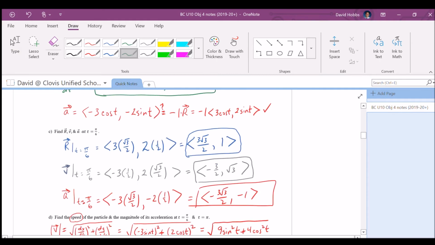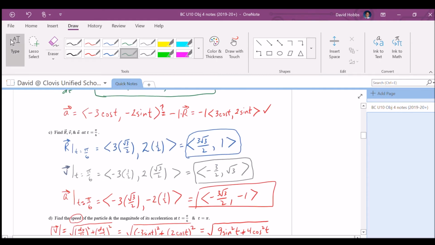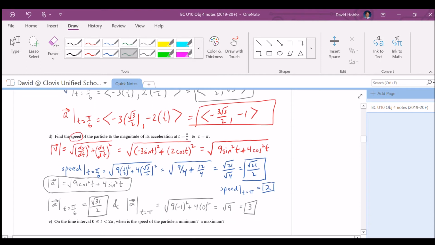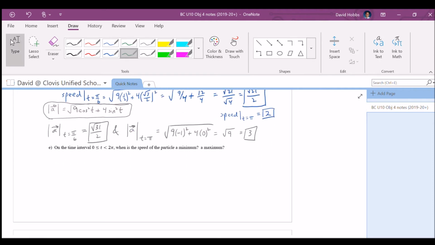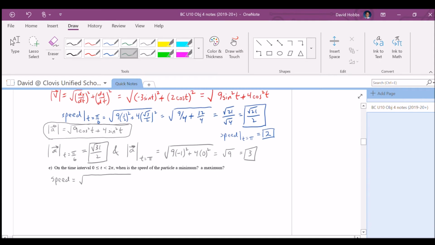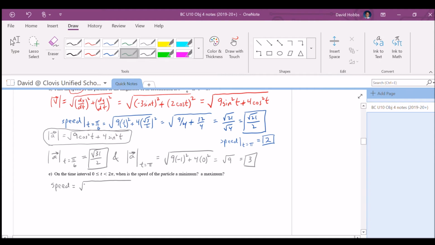Our speed in general is the square root of 9 sine squared t plus 4 cosine squared t.